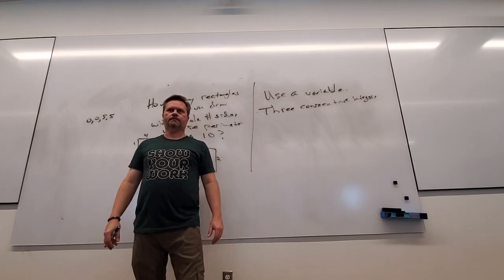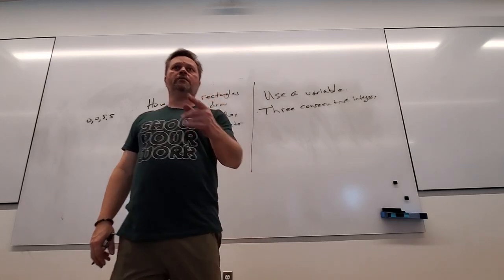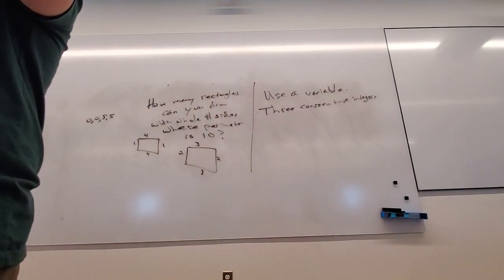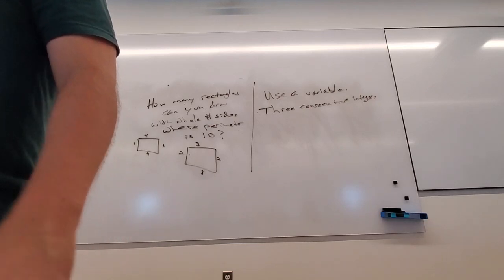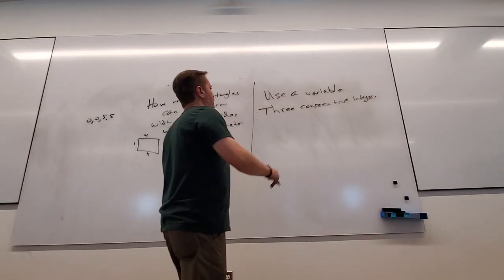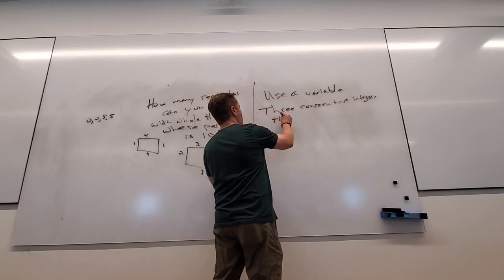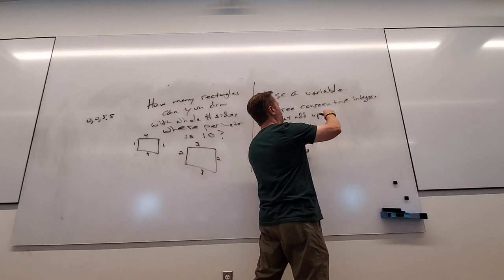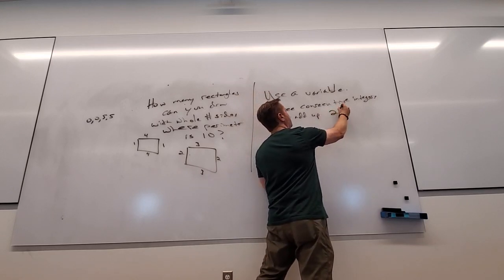Integers live on a number line. An integer is just a positive or negative whole number, right? Okay. 3 consecutive integers that add up to, what do you got, Jeff? Let's say 213.